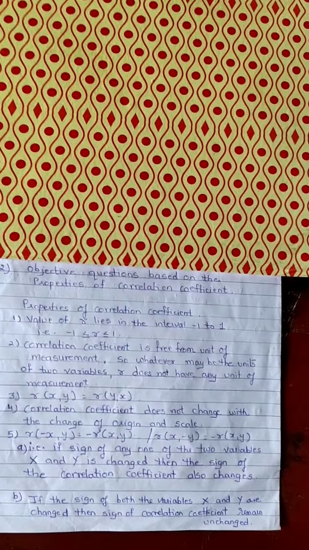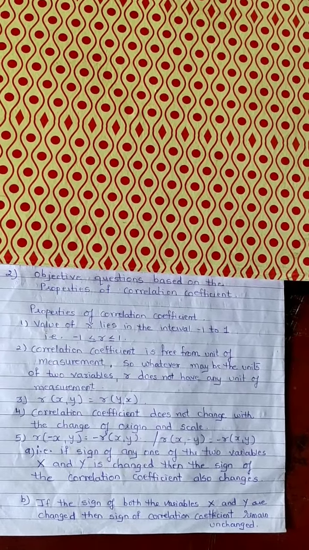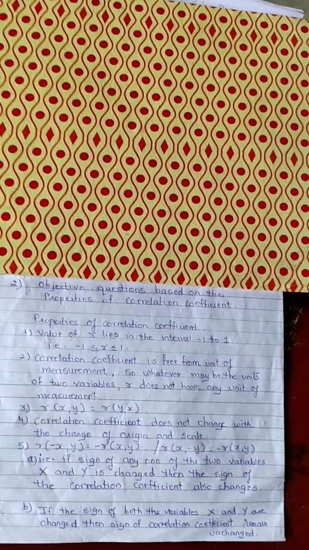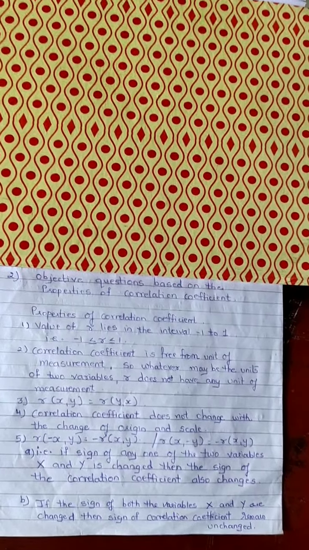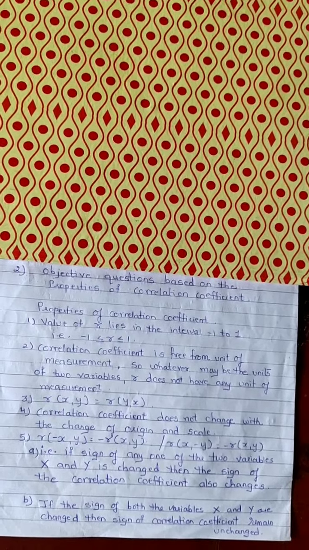That is, if the sign of any one of the two variables x and y is changed, the sign of correlation coefficient also changes. Second point, if the sign of both the variables x and y are changed, then the sign of correlation coefficient remains unchanged. Now today we are going to see some short objectives which are based on these properties.